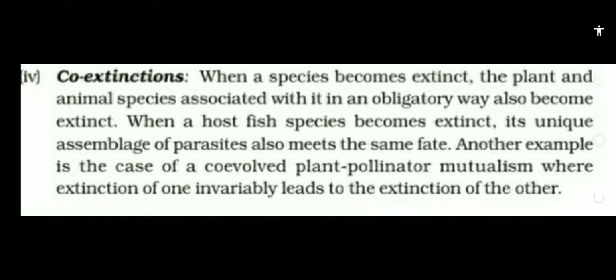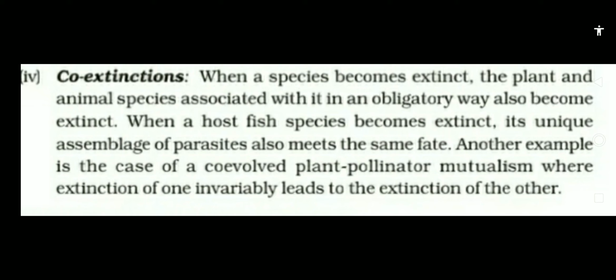One more example is here, in the case of co-evolved plant-pollinator mutualism, where extinction of one invariably leads to the extinction of the other. Suppose plants and insects, you can understand: insects help in the pollination of the flower, so productivity increases, and the insects get nectar from the flowers of the plant.